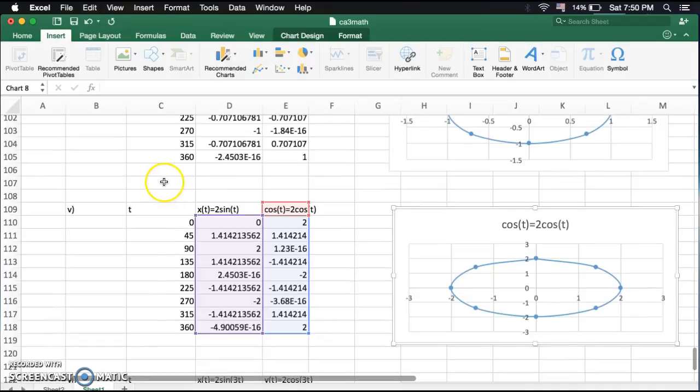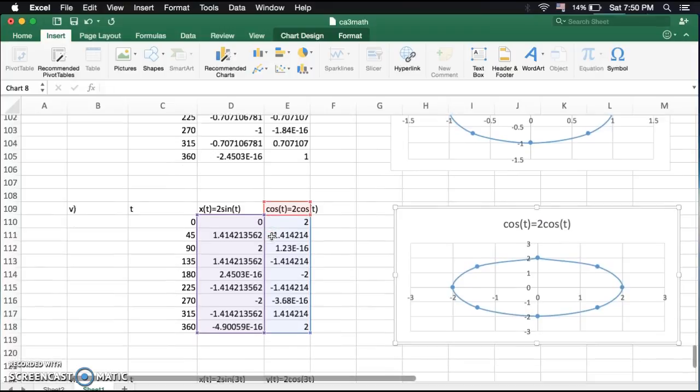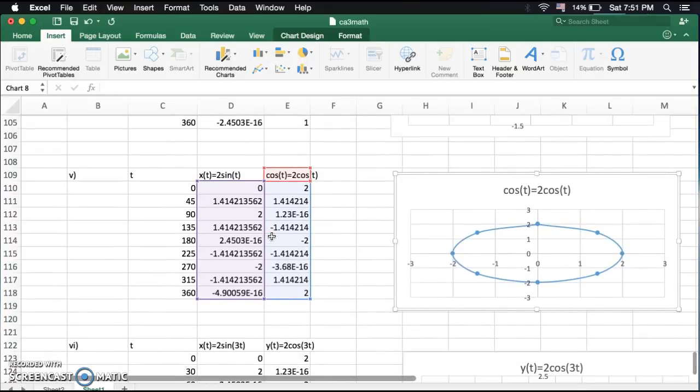For the next example, x is equal to 2 sin t and y is equal to 2 cos t. For the example before, we stated that a sin t, where a controls the height of the circle.